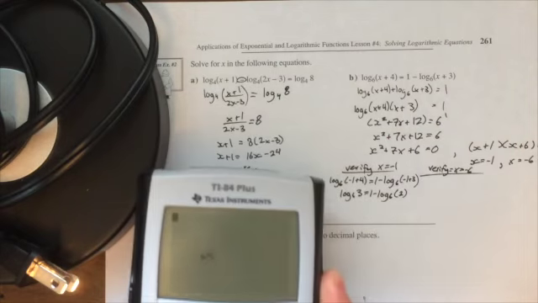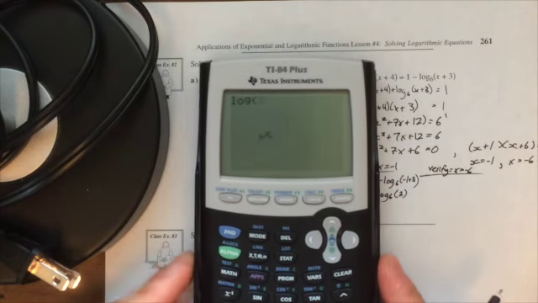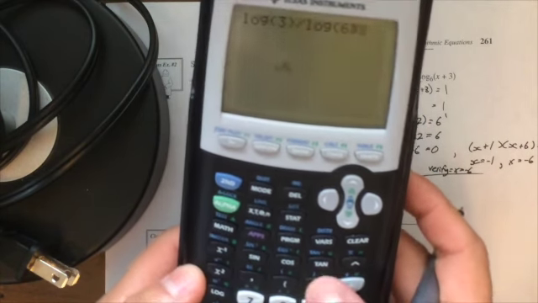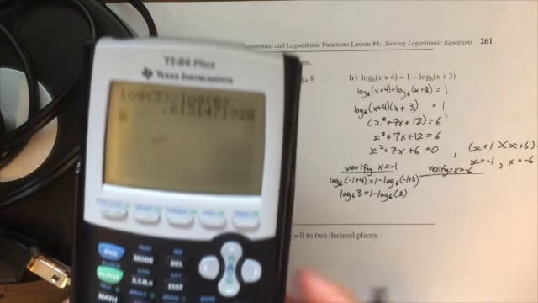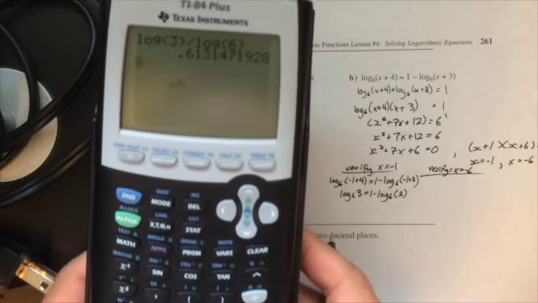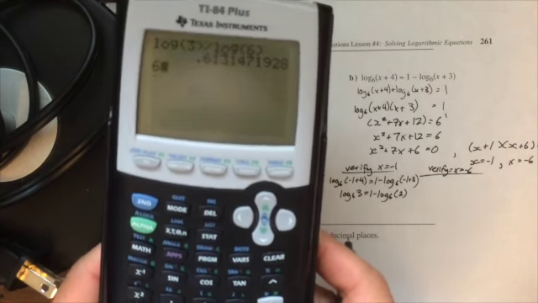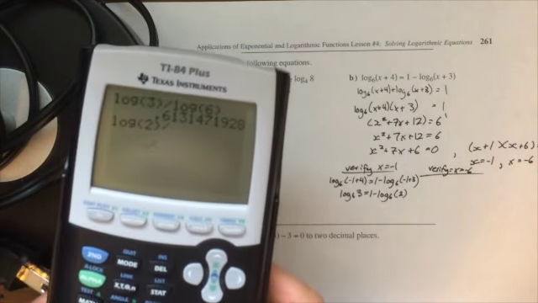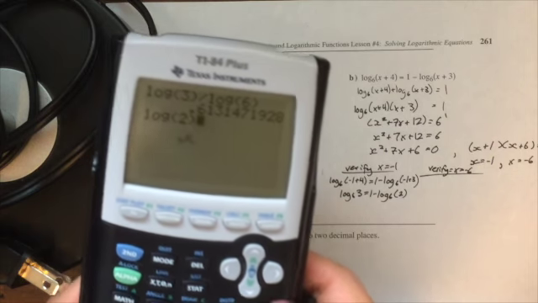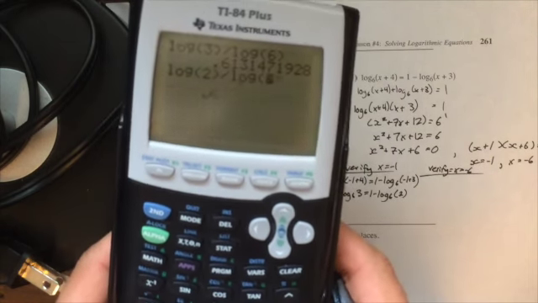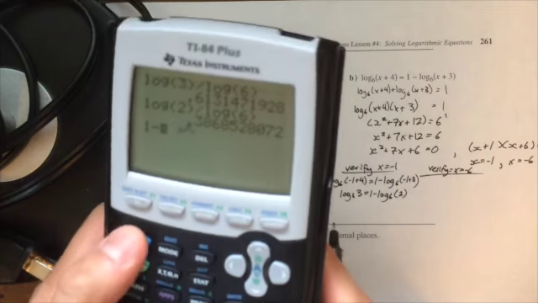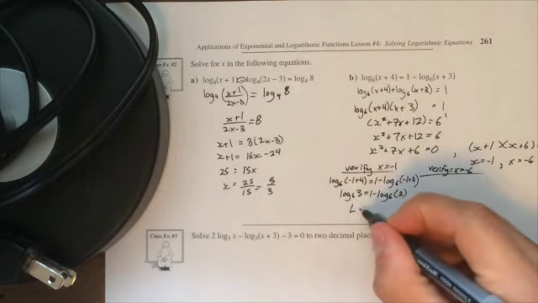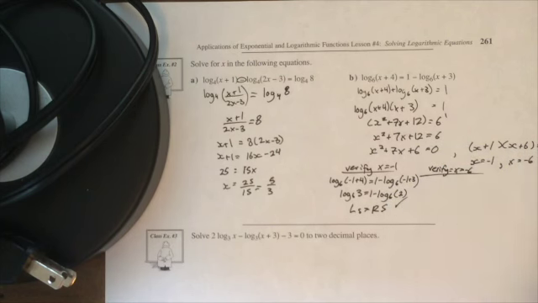And let's see if these are equal terms. So log 3 divided by log 6, I get 0.61, and then I'm going to have log 2 divided by log 6, and 1 minus. So they are equal terms. So my left side equals my right side.